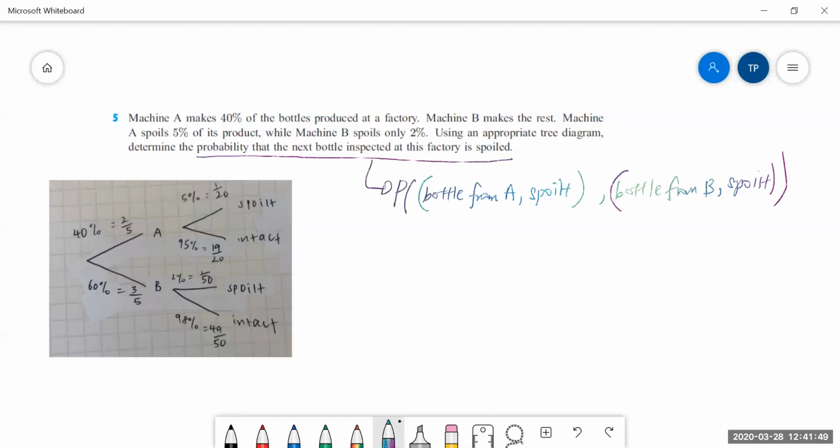It's easy to find a bottle from A spoiled. The probability is from here, then go to here. A bottle from B, it will be from here, then spoiled, you go to here. But the question to ask now is, do we want bottle from A spoiled or bottle from B spoiled, or bottle from A spoiled and bottle from B spoiled?